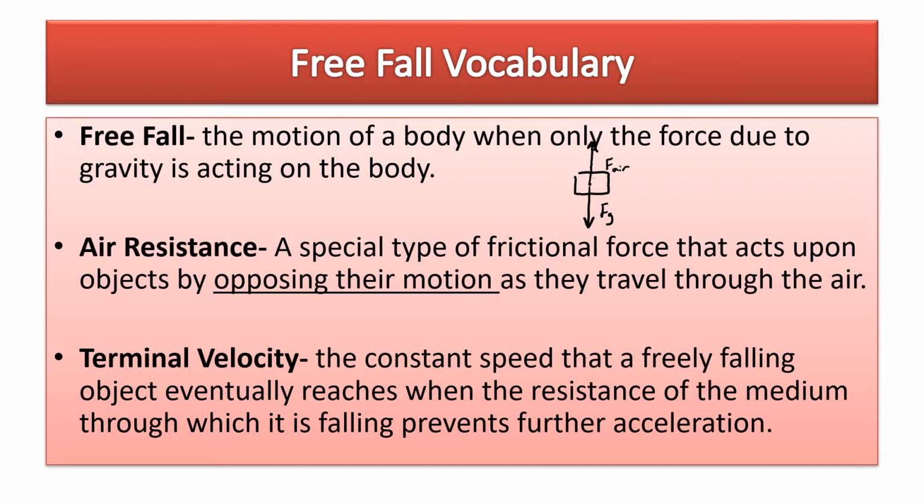And when those two forces are balancing each other out, you actually don't accelerate anymore. You're reaching your terminal velocity. You're still moving downward, but you're moving downward with a constant velocity now. And you can't get any faster than that unless somebody came behind you and gave you a push as you were falling down, which wouldn't happen.